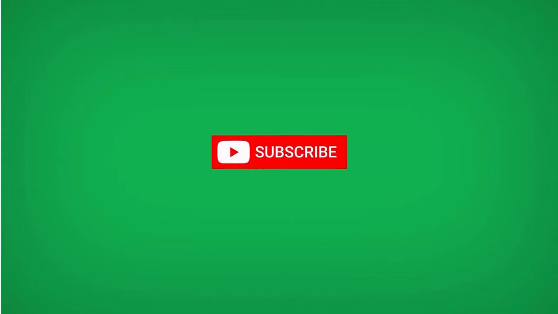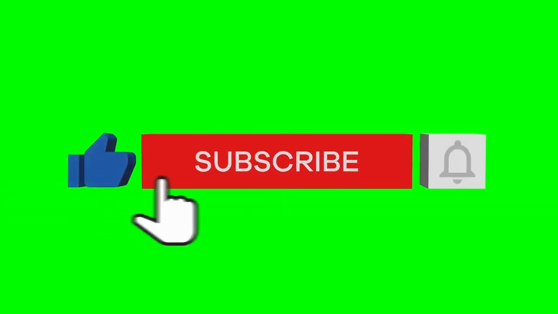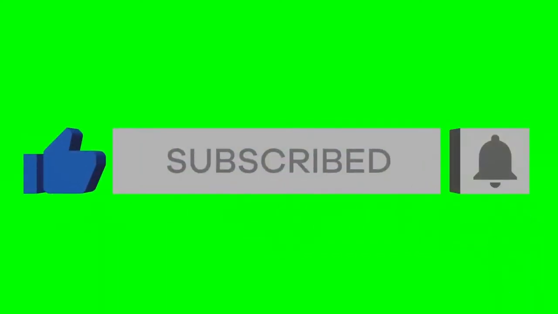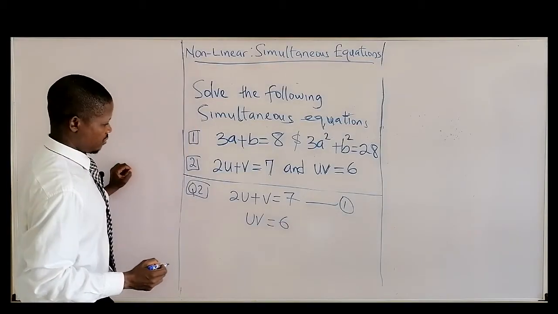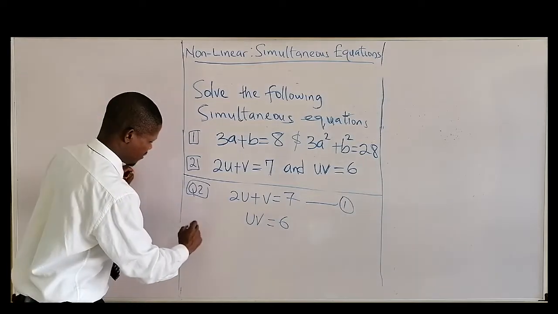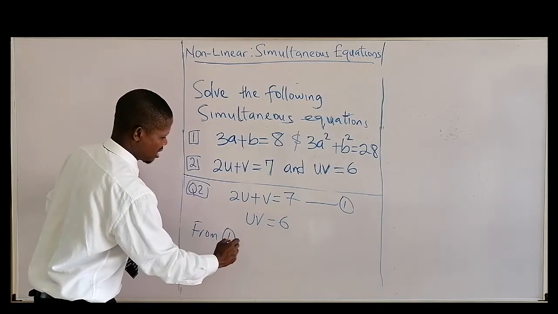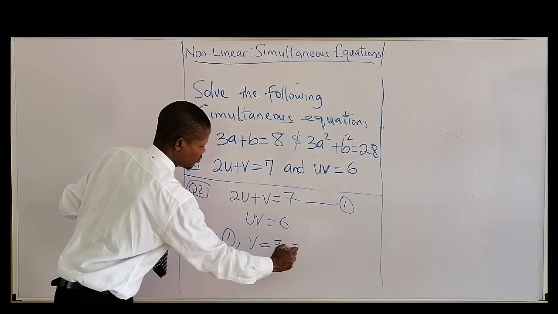Question 2. We have 2u plus v equal to 7 for question 2. Call that one equation 1. Then we have uv equal to 6. From equation 1, make v the subject. v is equal to 7 minus 2u.